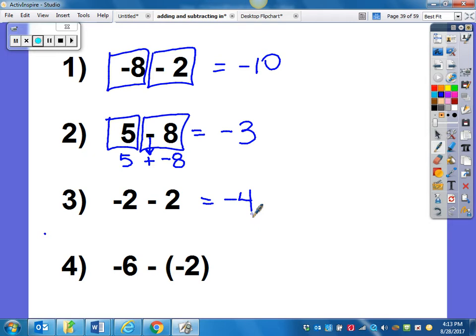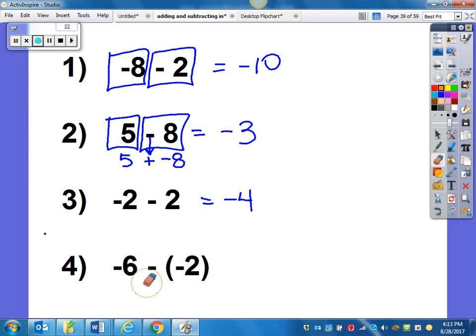-6 minus a -2. Now I could do the keep, change, switch method, and it works out really well for this type of problem. Now I have different signs, subtract. But say you were trying to do it that mental calculation way. Well, now we have a different trick here.